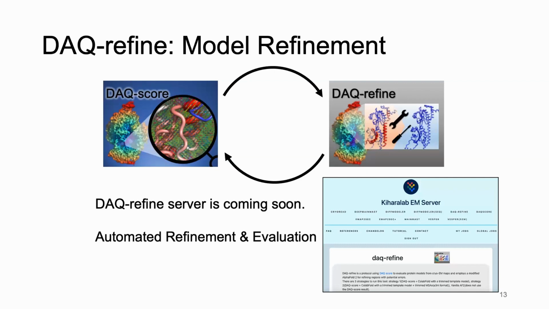So this DAQ score can be used for the model refinement. You also have some other methods, like Coot or Phenix. Once you build a structure, take the models by the DAQ scores, then refine with some other method, then check the DAQ score. Then you can improve the model accuracy iteratively.